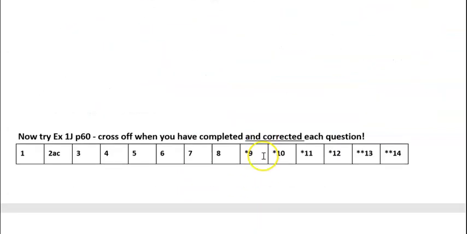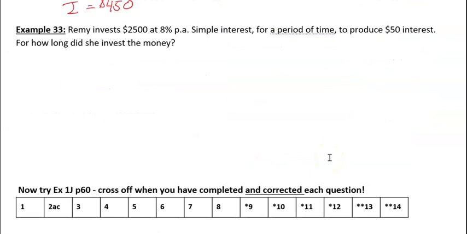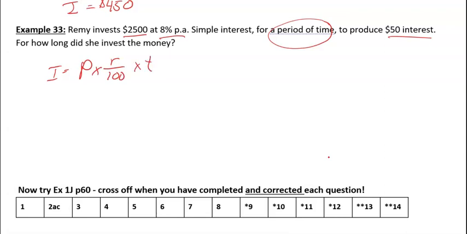Good parenting. Now, finally, Remy invests. Here's our principal, $2,500 at 8% per annum. Now, what we do know is the interest in this case, but we don't know the period of time. That's what we're trying to figure out. So we're still going to write that our interest equals the principal times the rate times the time, and we want to figure out what the time is.